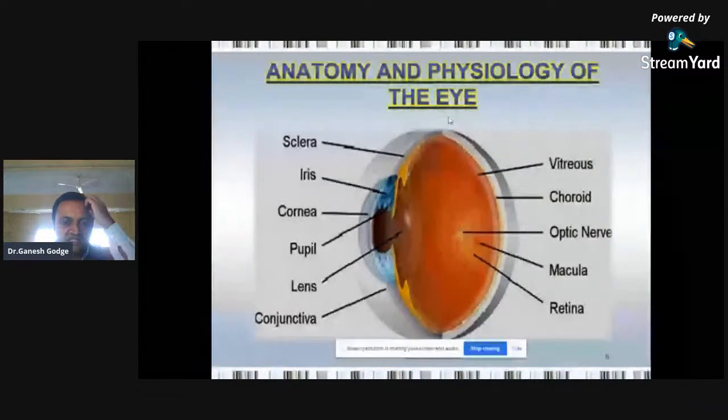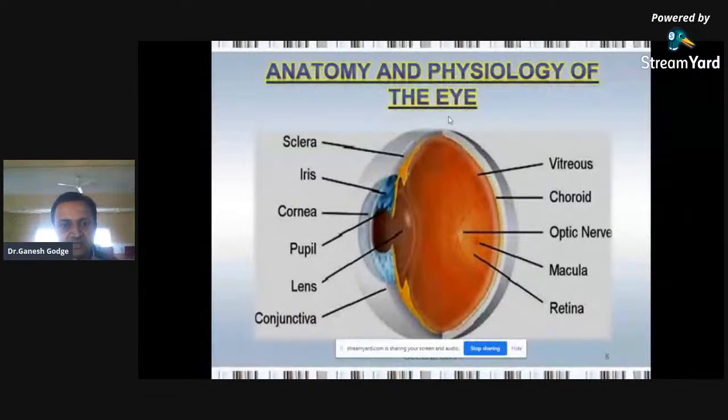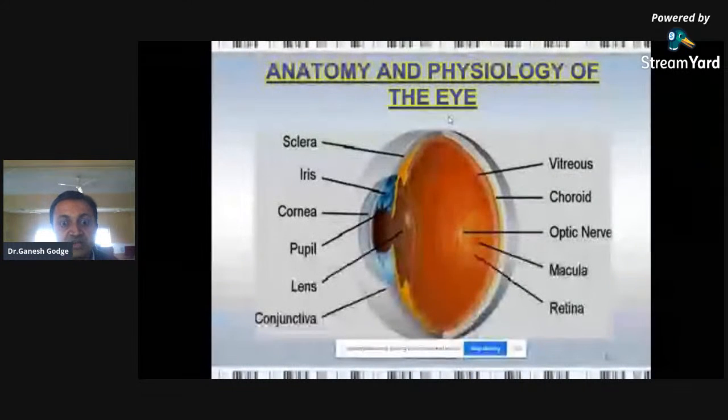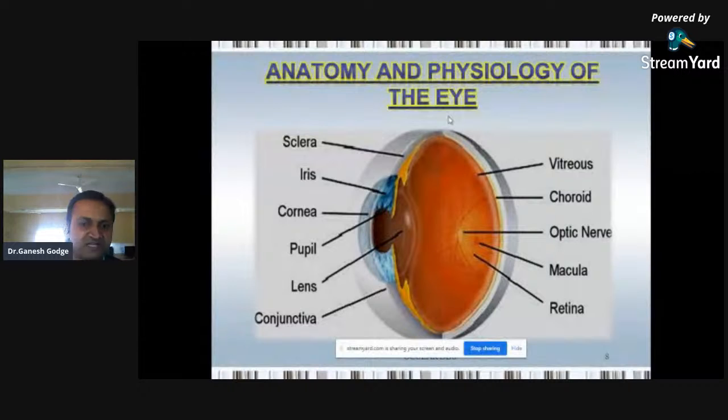Or say your company is supposed to target the lens, with a drug that is going to prevent contraction or dilation of the pupil. If you don't know the location of the pupil or lens, where exactly it is located in the ocular sac, then it is not possible for you to develop that particular drug delivery system. So the concept of formulation and development basically starts from anatomy and physiology.